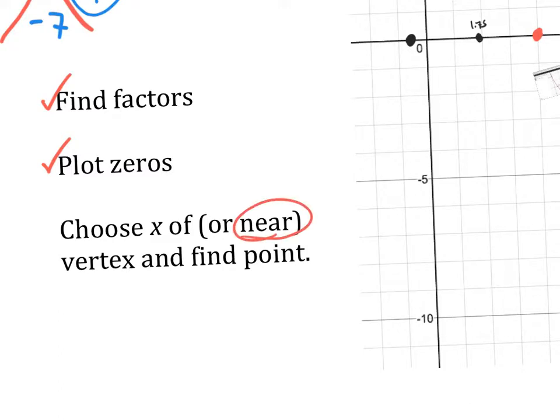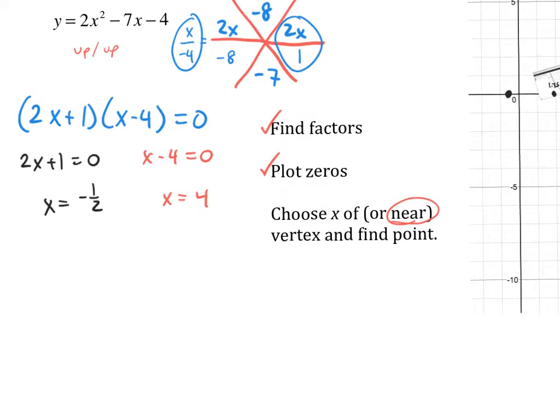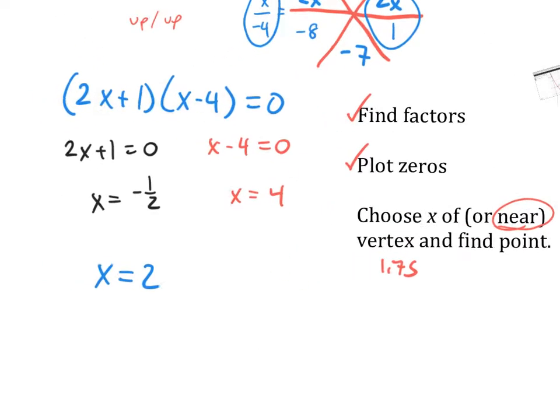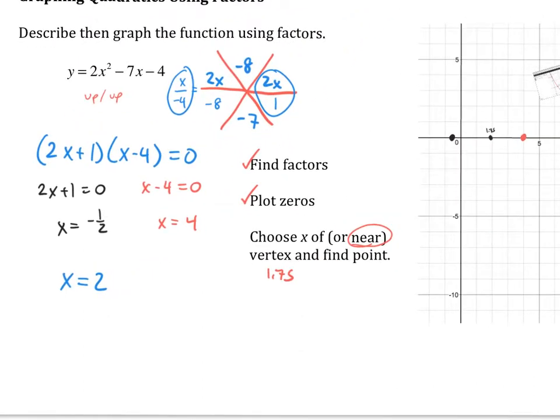So that's why I chose this near here. So in my situation, instead of choosing the 1.75, I'm going to choose something close, which is 2. So that's going to be close enough, because 2 is easier for me to manage by hand. If I were doing this 100% on calculator, then this is not a problem. But let's just do this by hand and show where it goes. Okay, so when I plug in a 2 into my function, this is my result, and minus 4.